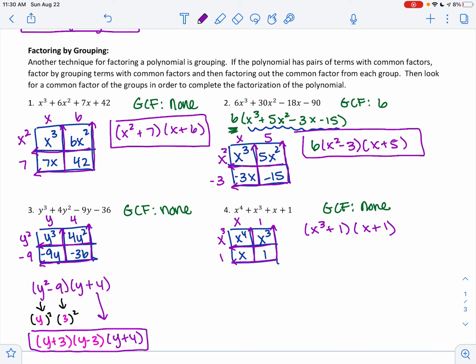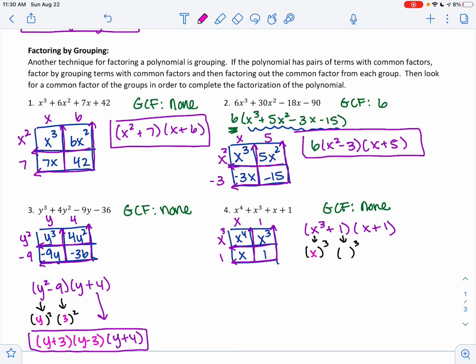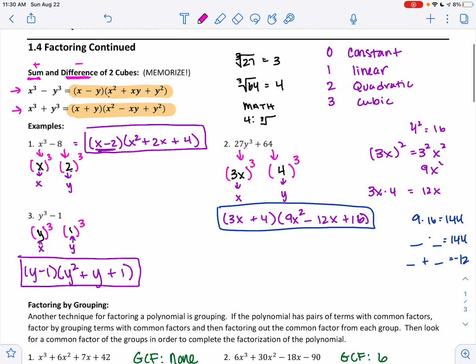Now I want to factor completely. This first term is a sum of 2 cubes. I know that because I can see something is being cubed here and something is being cubed here. Here, x cubed is x cubed and 1 cubed is 1 cubed. So I am going to use a rule for the sum of 2 cubes.